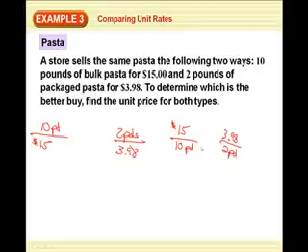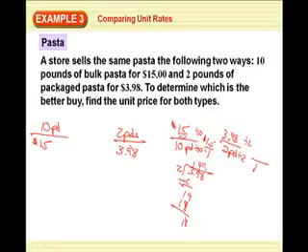To get this to be a 1, we divide by 10, which moves the decimal back, so it would be $1.50 a pound. This one we divide by 2 to get a 1 on the bottom. $3.98 divided by 2: 19 goes in there 9 times, which is 18. $1.99 a pound.